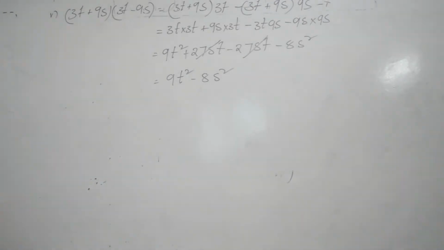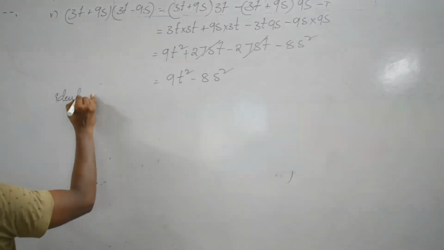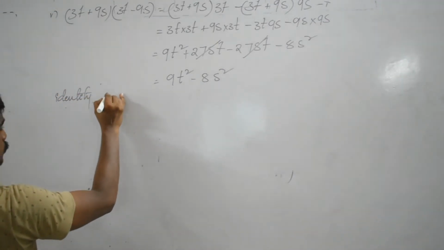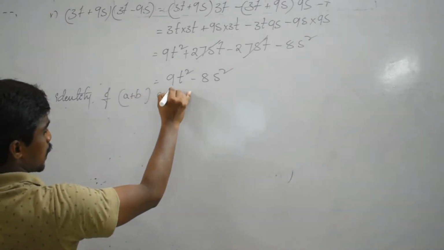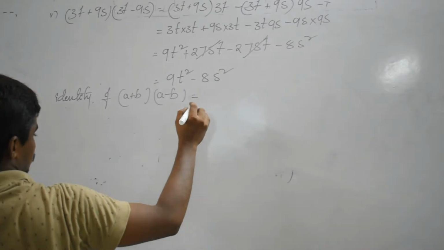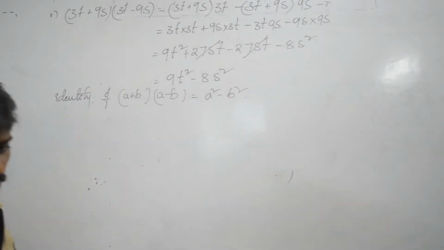So this is the identity (a plus b)(a minus b) equals a square minus b square.